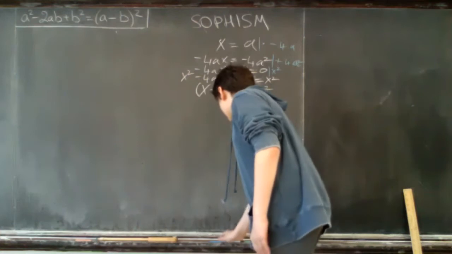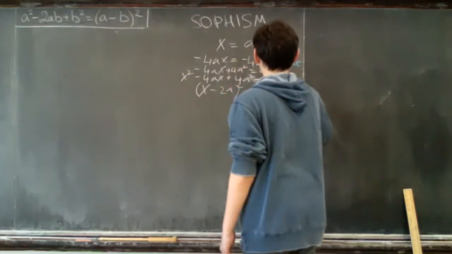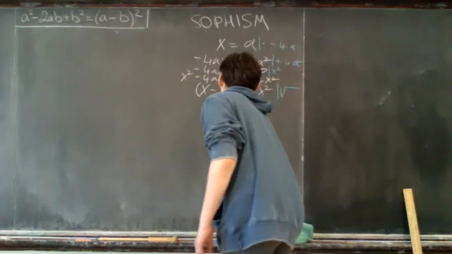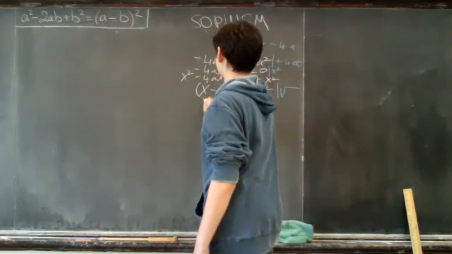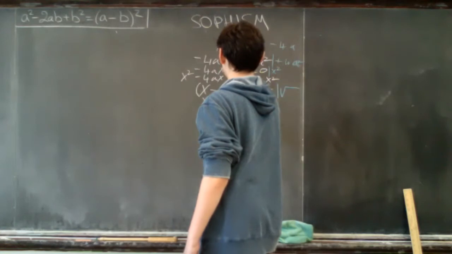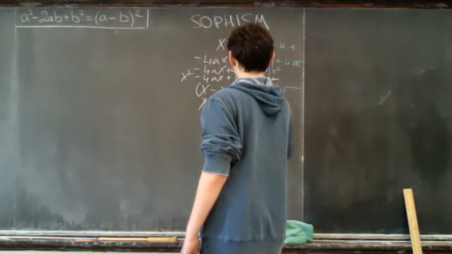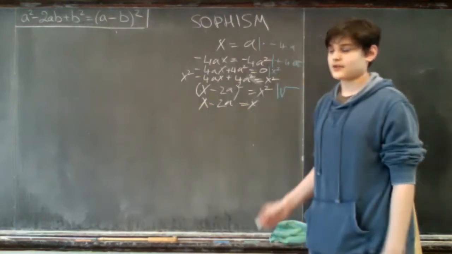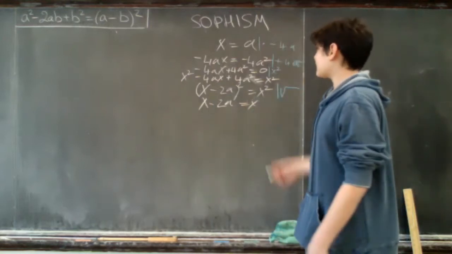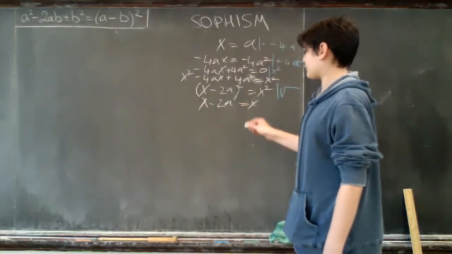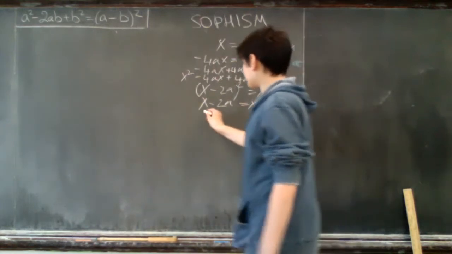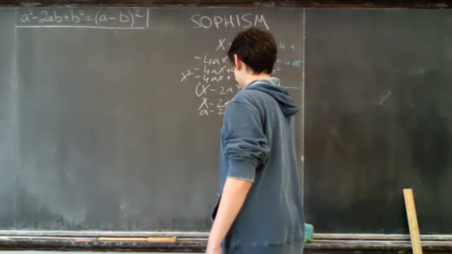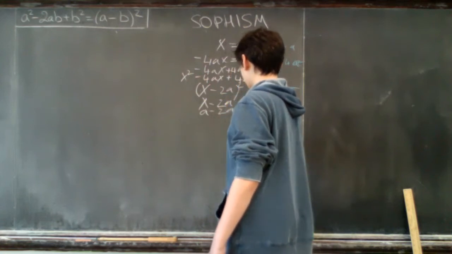And now I'm going to take the square root of both sides, and I will end up with x minus 2a equals x. And from now on, just to make it simpler, because x and a are equal, I'm going to replace x with a. So this statement would be a minus 2a equals a.